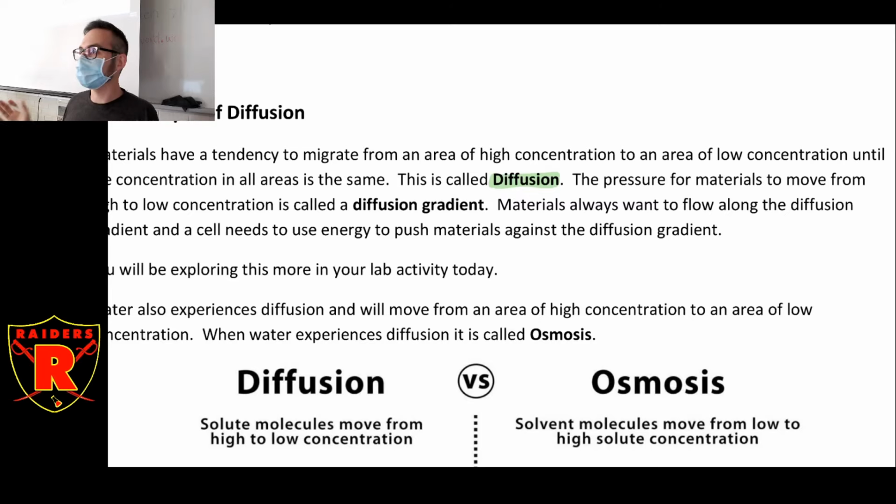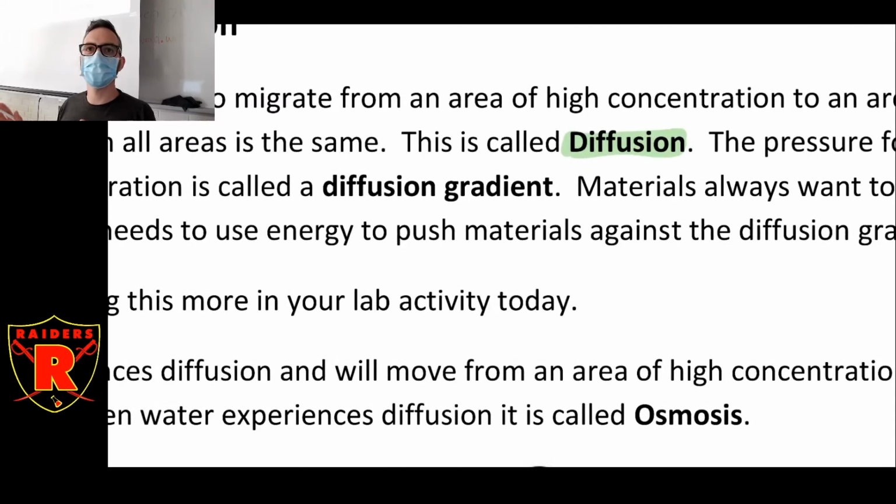That's diffusion. That's all there is to it. So things always move from high concentration to low concentration. And that direction of flow from high concentration to low concentration is called a diffusion gradient. And materials always move in the direction of the diffusion gradient.